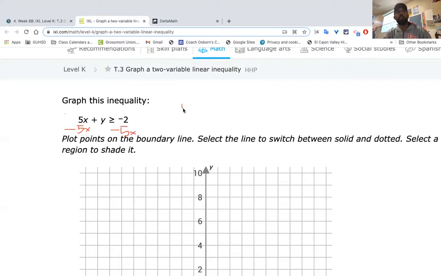Okay. So now I go y is greater than or equal to negative 5x and then minus 2. And you don't add these two numbers. It doesn't become negative 7, so just a reminder because those aren't like terms. Okay. Then you would basically just graph this. All right. So that's what those problems look like.